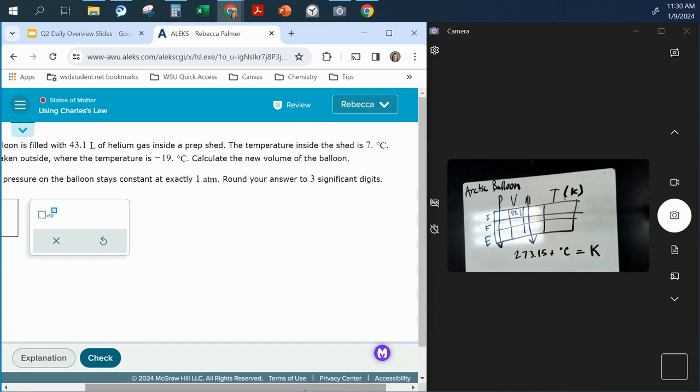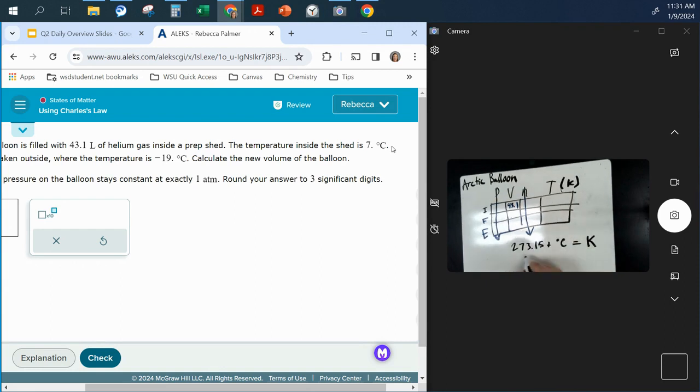Okay. So the first one is 7. 273.15 plus 7. This has no decimal places, so our answer can have no decimal places. So this is going to be 280. Do you agree with that? Okay, Kelvin. And that's our initial temperature, 280.